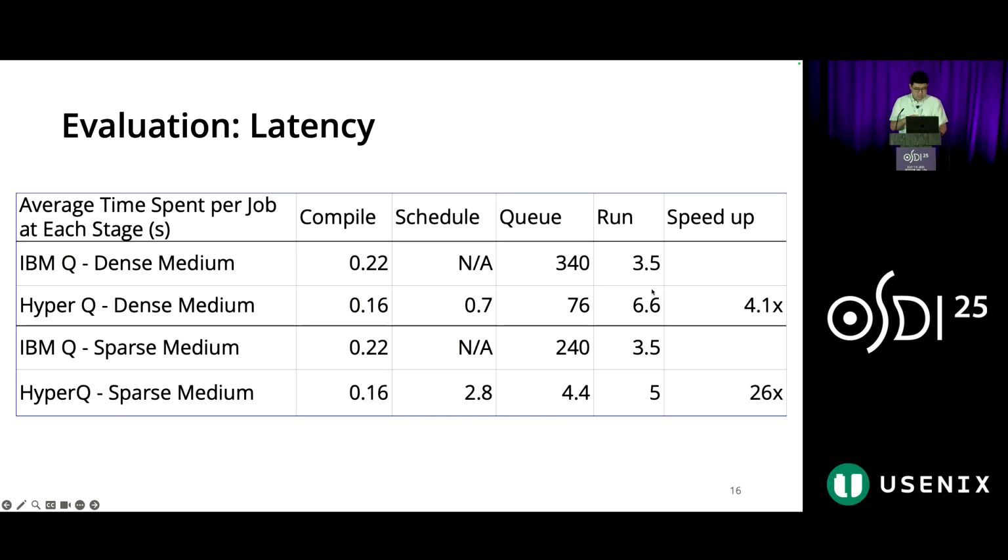That is because we are running multiple jobs in parallel. And because of the current limit of the quantum machine, if some jobs end early, we cannot retrieve the result until all the jobs running simultaneously have ended. That is why we have a slightly larger running time compared to running each program one by one.